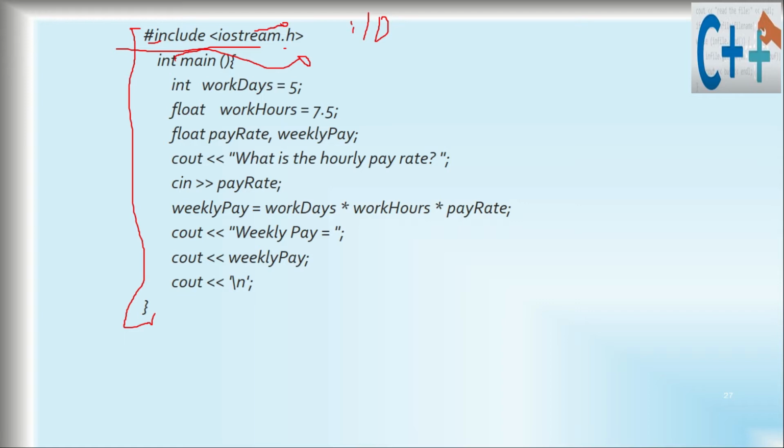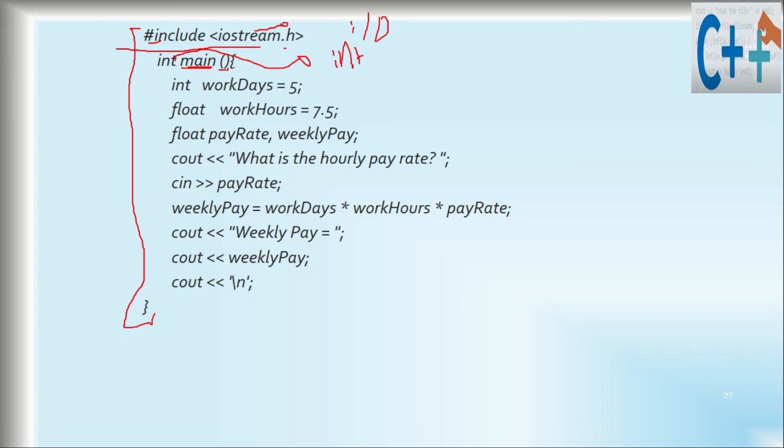It returns an integer data type. And this one is the main function. C++ has its own main function. Main is one of the main functions that we use in C++. And this is a function declaration. And this is the open brace, the opening of the function.